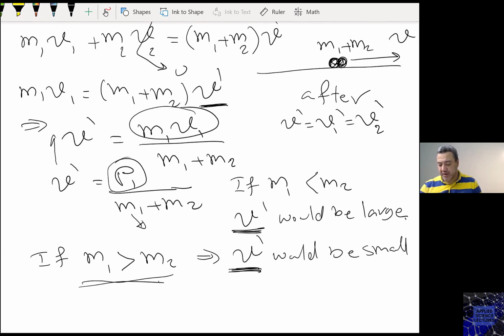Low mass, high velocity results in a large velocity; big mass, little velocity results in a small velocity after the collision. Any question about this problem? Okay, so let's move on to the next question.